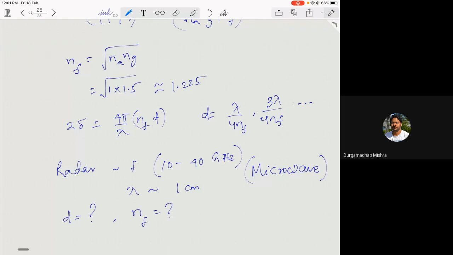When you are optimizing the refractive index, you are actually optimizing the dielectric permittivity of the material, because your refractive index is related to your epsilon. So you have to optimize epsilon corresponding to that frequency range, in the microwave range, for example.